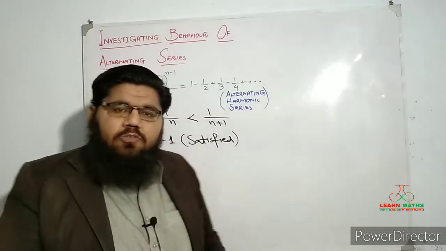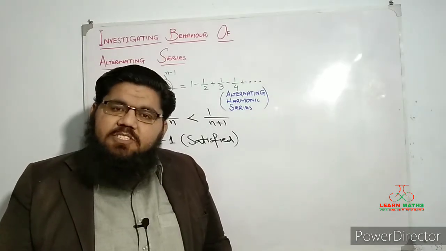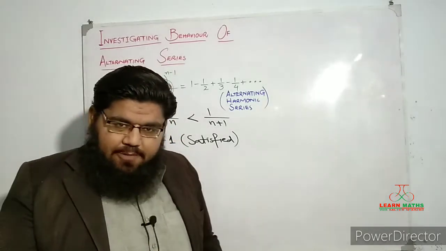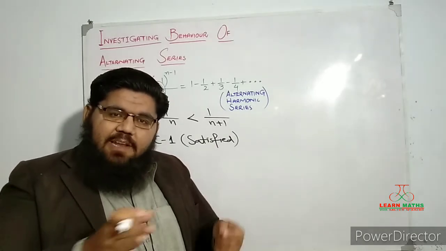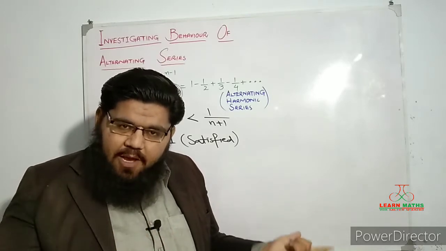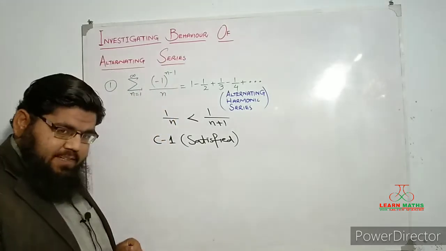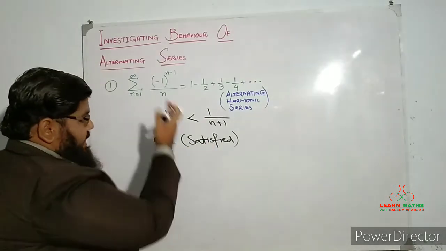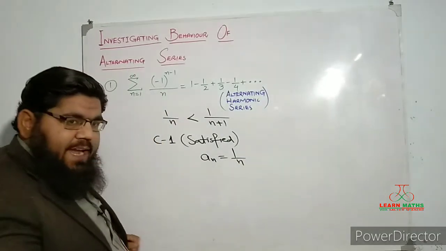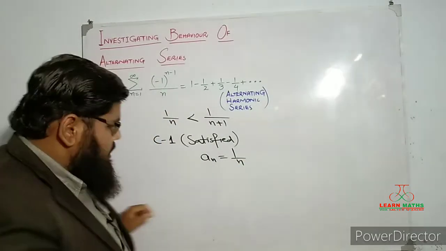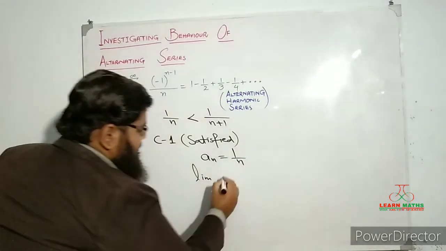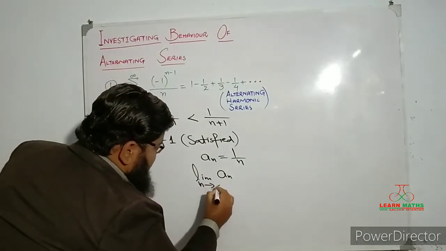And now we would like to see whether the second condition of the alternating series test holds as well or not. What was the second condition, by the way? It was to see whether the limiting value of the terms of the series is 0 or some other thing. So let's investigate this. The general term here in this series is 1 over n, and I'm going to look at its limiting behavior as n approaches infinity.